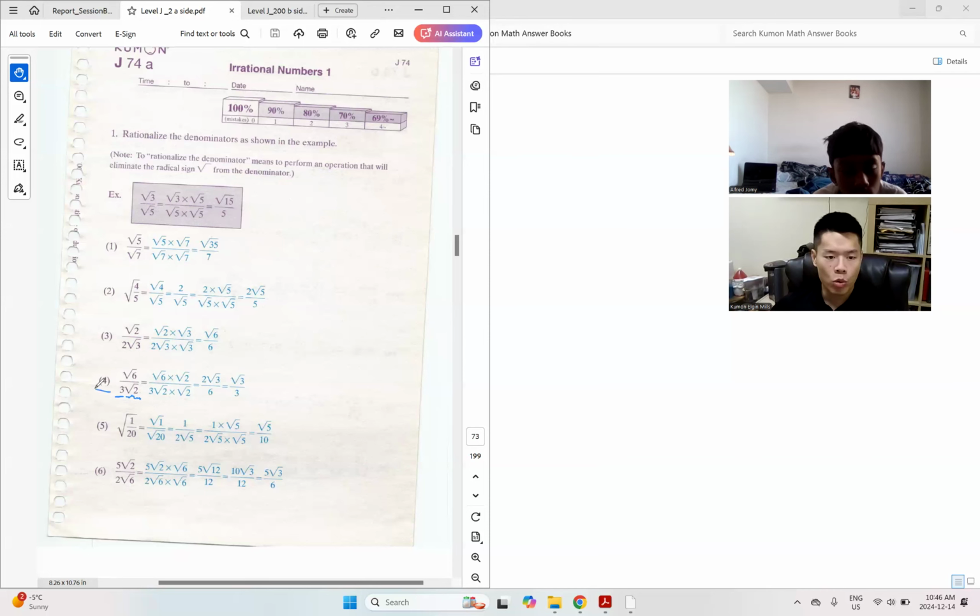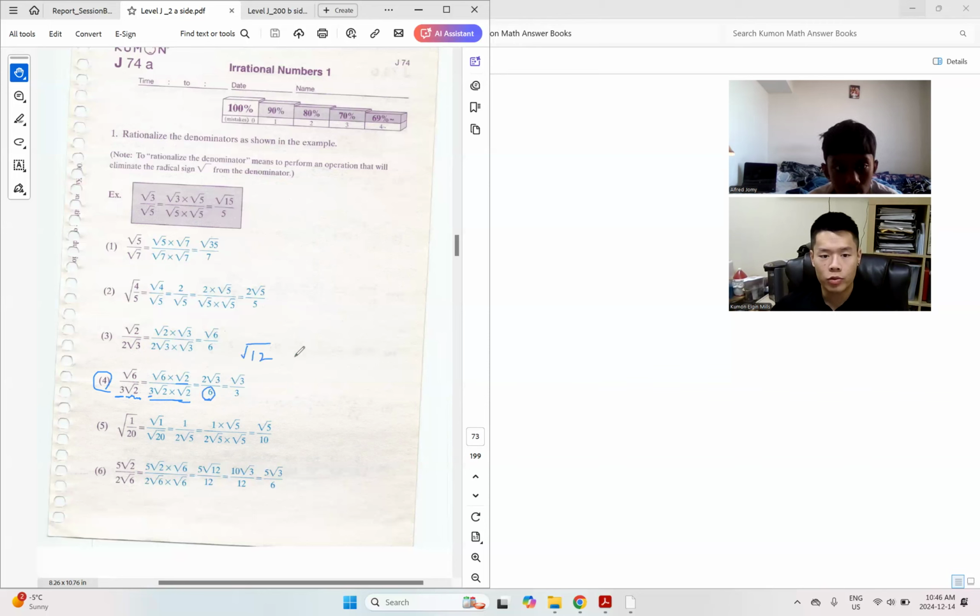So for question number 4, if I see root 6 over 3 root 2, all I need to do is multiply the bottom and also the top by root 2. On the bottom, 3 root 2 times root 2 will be 6, very easy, because root 2 times root 2 is 2, and 3 times 2 is 6. On the top, root 6 times root 2 will be root 12.